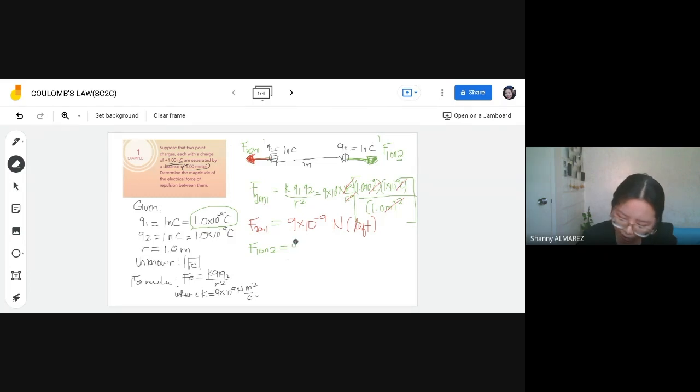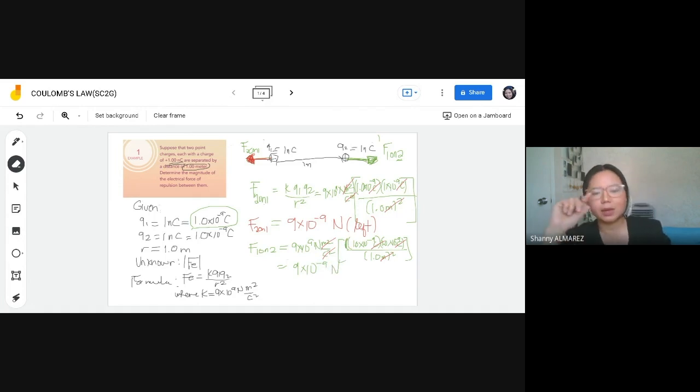So isulat mo ulit yung mga values natin. 9 times 10 raised to 9 Newton meter square per Coulomb square times the bracket which contains 1.0 times 10 raised to negative 9 Coulomb times, doble yan ito, 1.0 times 10 raised to negative 9 Coulomb divided by 1.0 meter square. So from that, you will realize na, okay, you will just end up with the same amount or value. Therefore, ilan na? Parehas lang. 9 times 10 raised to negative 9 newtons.